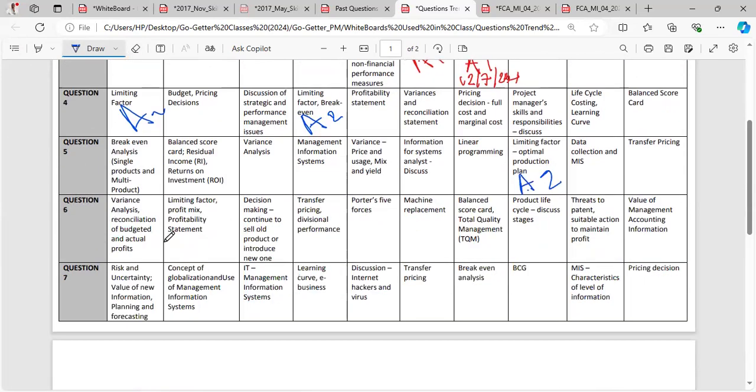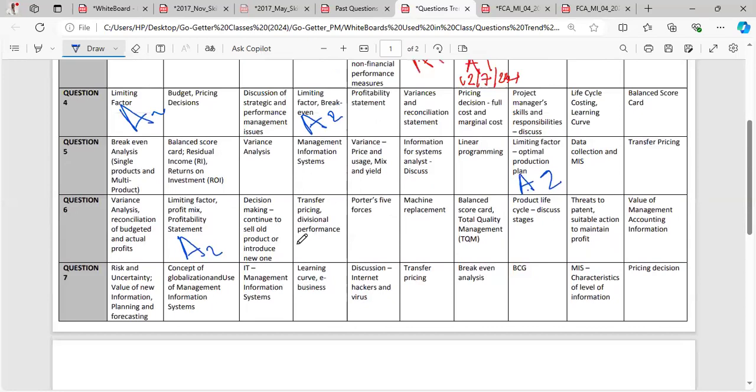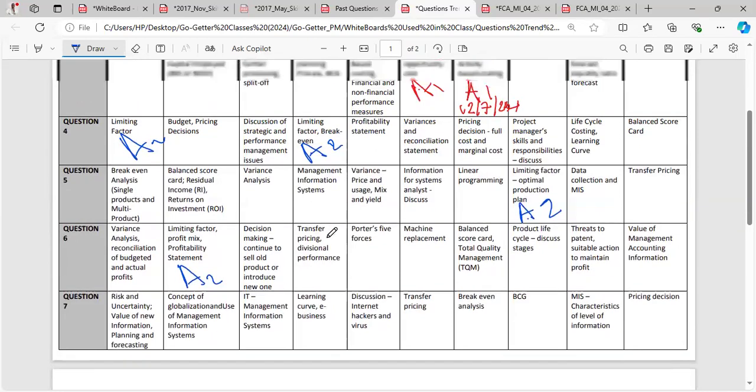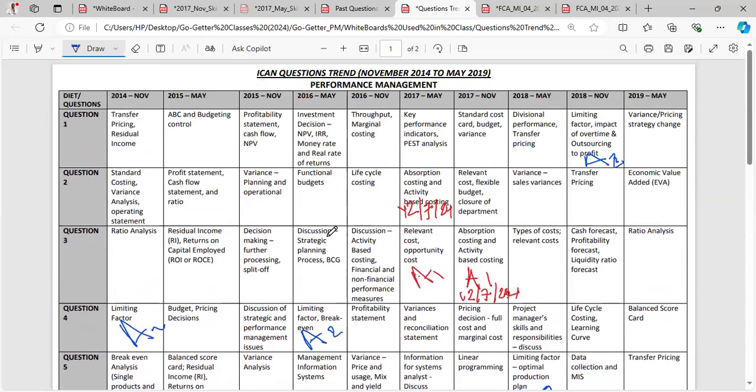So I'm identifying areas where we have limiting factor, so that you can see that limiting factor is something that was used in the past previous 10 diets, the previous 5 years before these last 5 years.